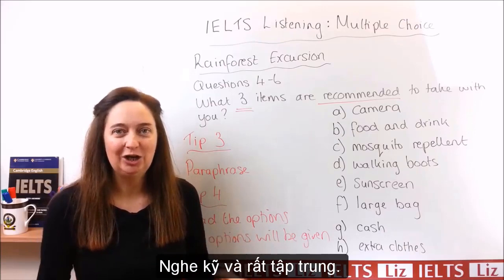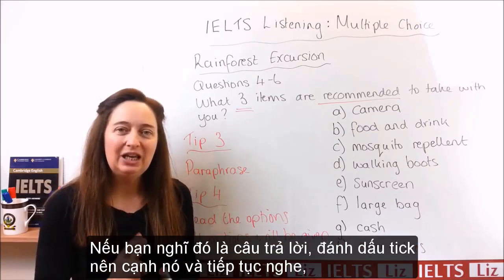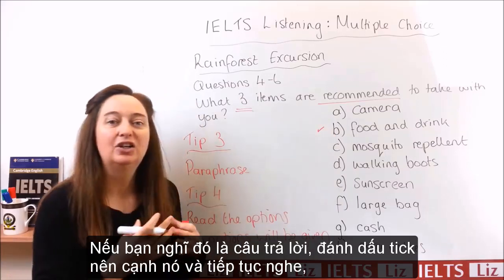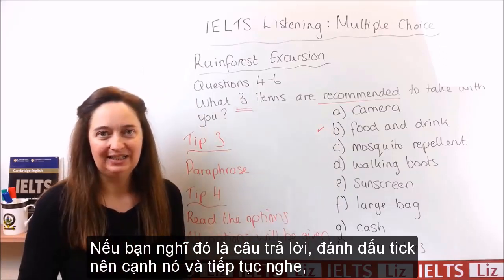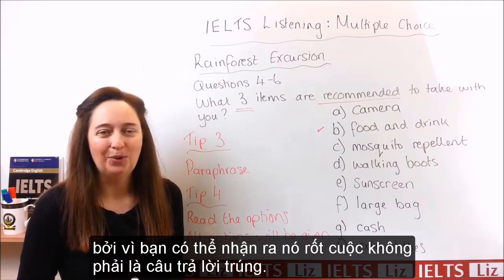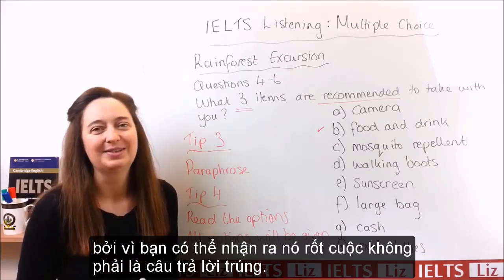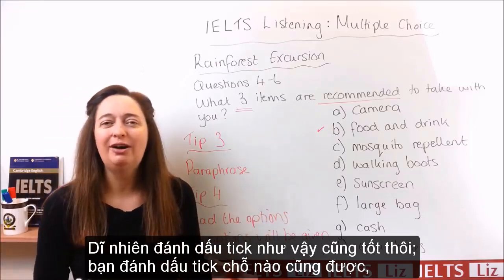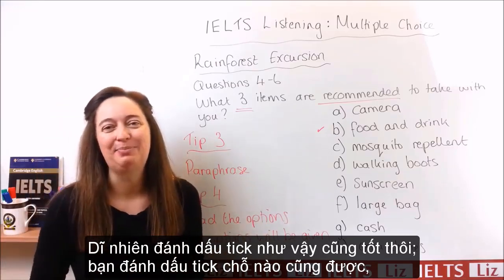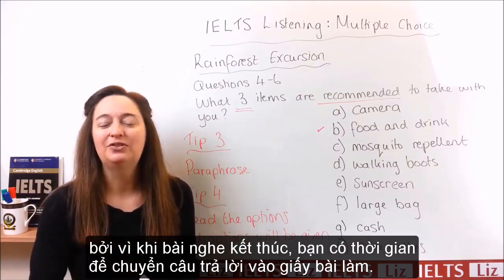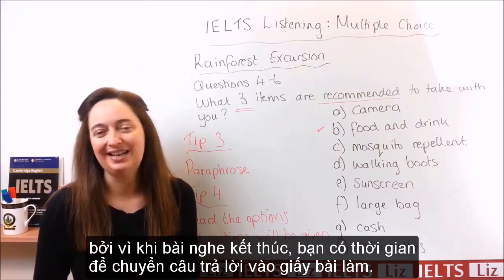Pay very close attention. If you think it's the right answer, put a little tick and continue listening, because maybe you will find that really that wasn't actually one of the answers. And of course, it's fine to put a tick. You can write all over your listening paper if you want, because at the end of the listening, you have time to transfer your answers to the answer sheet.